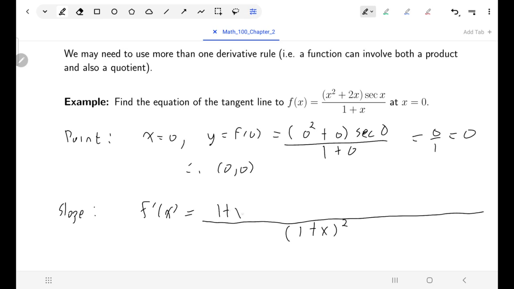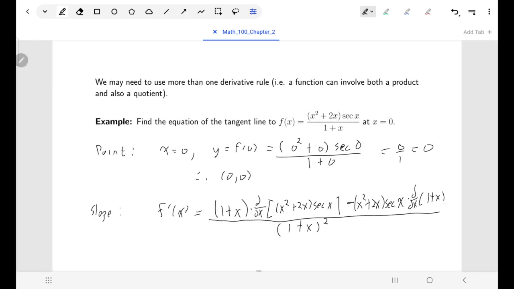Denominator comes up times derivative of the numerator, minus the numerator as it is, times the derivative of the denominator.